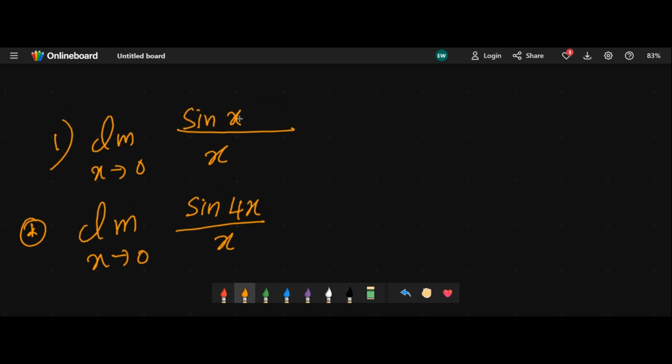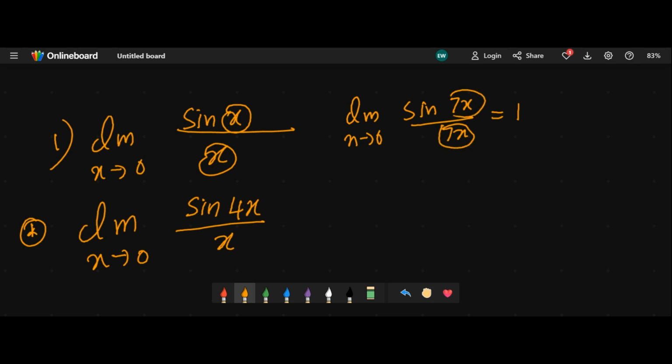You have to know that it doesn't need to be just x. For example, limit x approaches 0 of sin 7x divided by 7x is also 1. Basically, the angle here and the number here need to be the same. If so, the answer is 1.